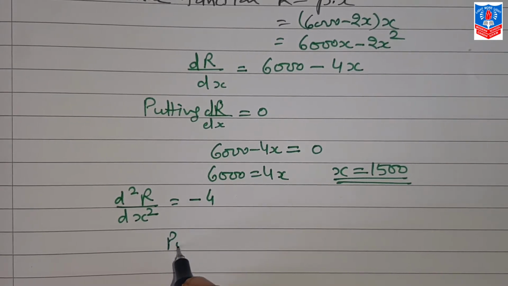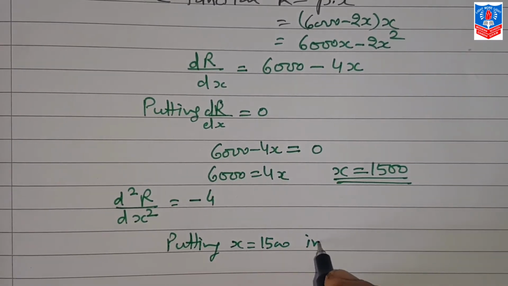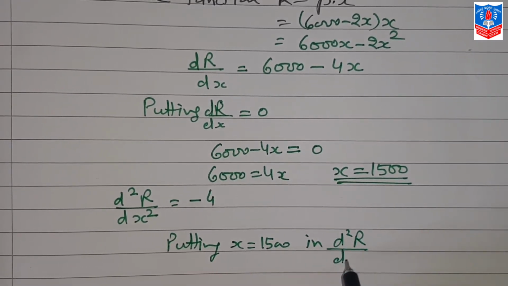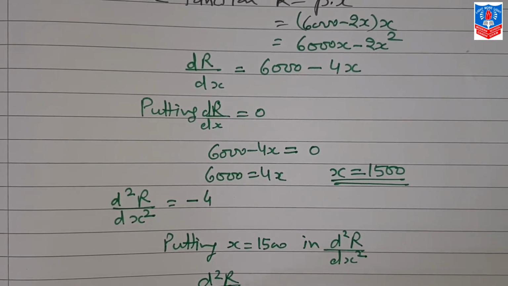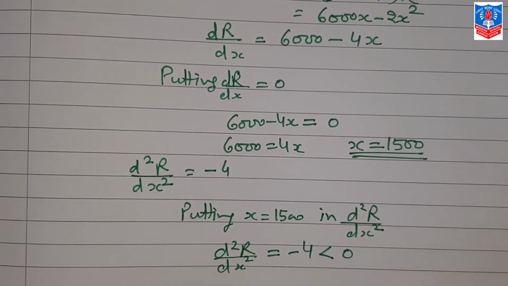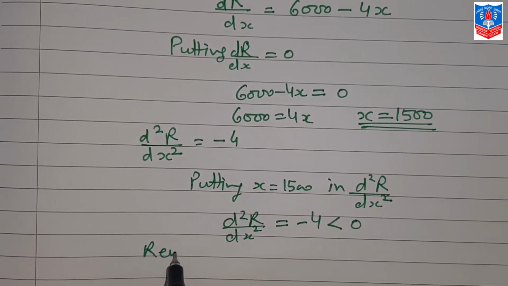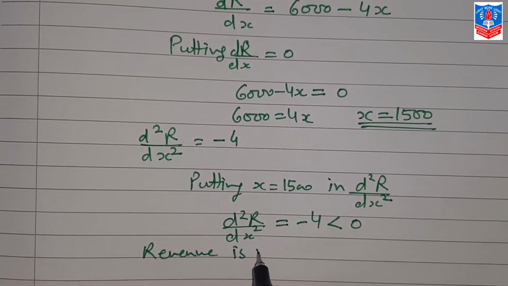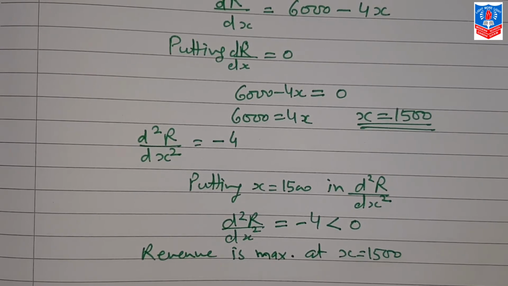Putting x is equal to 1,500, d square r upon dx square is minus 4, which is less than 0 only. So revenue is maximum at x is equal to 1,500.